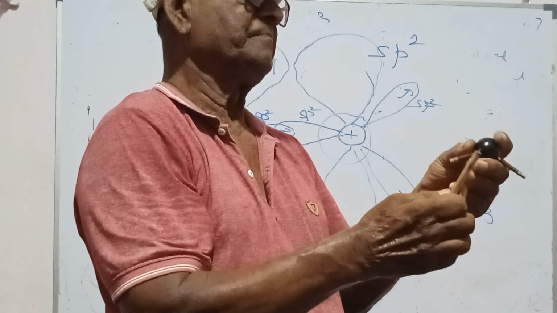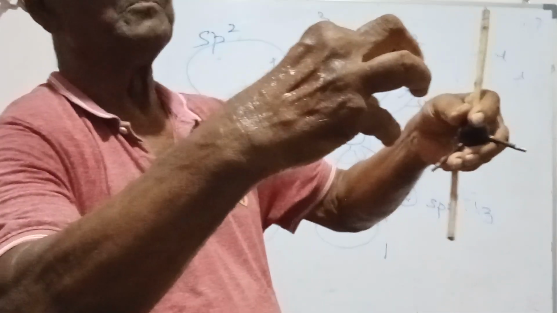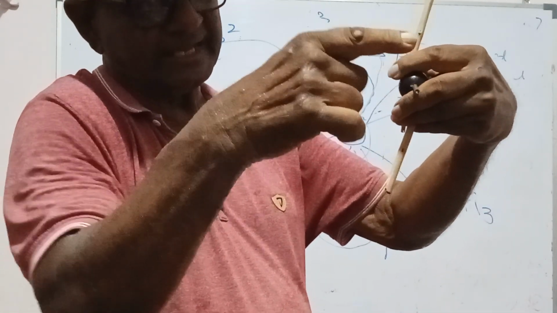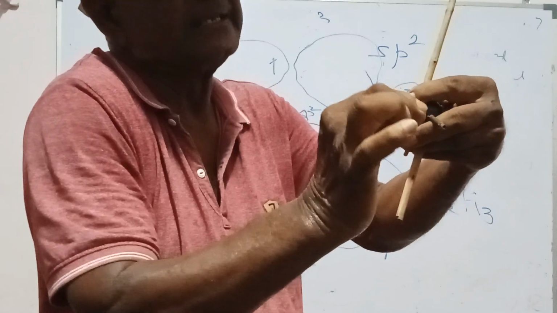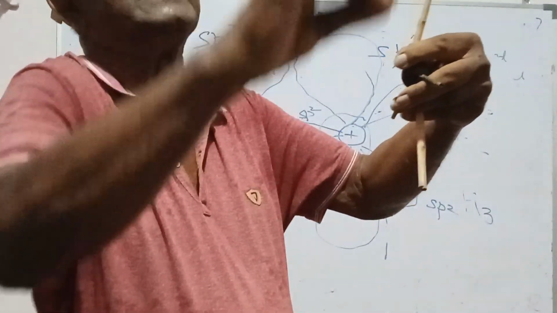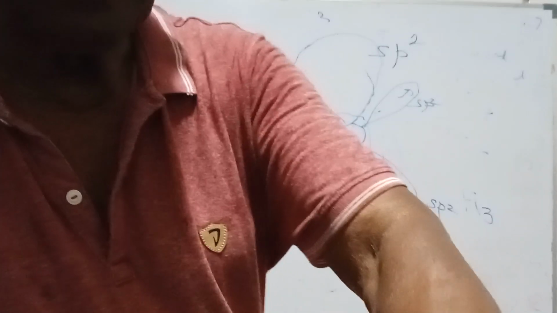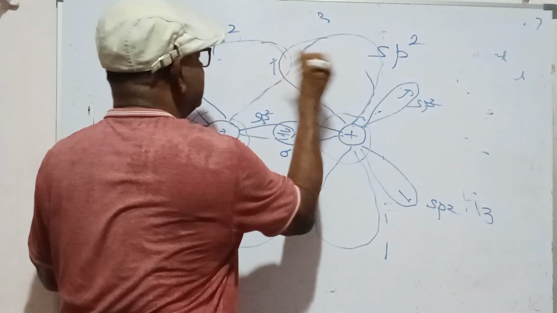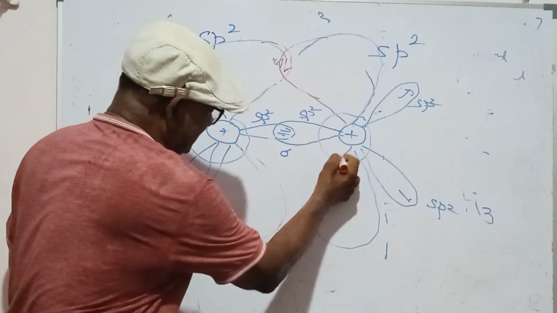This is one carbon atom. Similarly, the other carbon atom also here. If these two are bonded in the same plane with a sigma covalent bond, the large unhybridized p orbitals of both are perpendicular to that plane. So they are able to touch laterally. They are touched laterally.